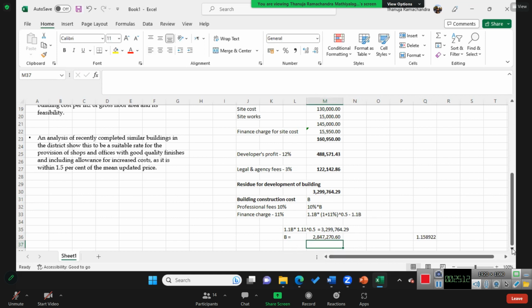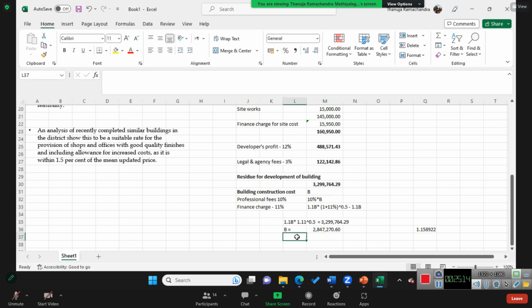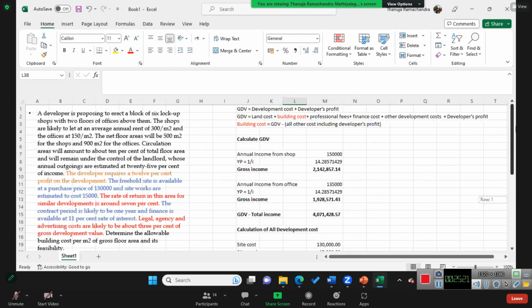So now the question is per meter squared. So we need to calculate the gross floor area. So we have net floor area of 500 for shops and 900 for the office. So altogether 1,400. That is net floor area. And there is information that circulation area will amount to about 10% of the total floor area.